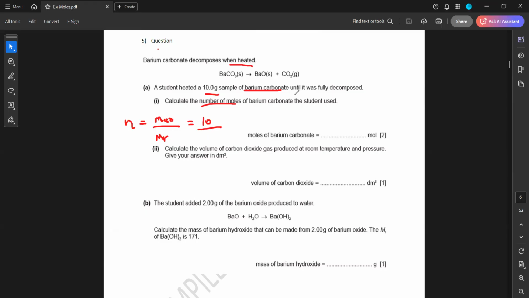What about the molar mass of barium carbonate? For this, you have to use a periodic table.